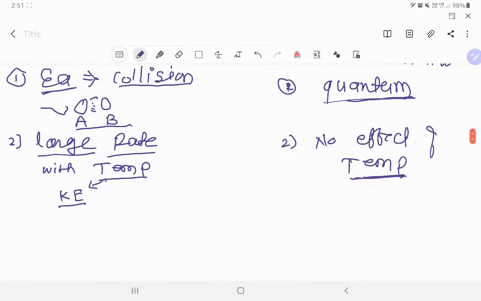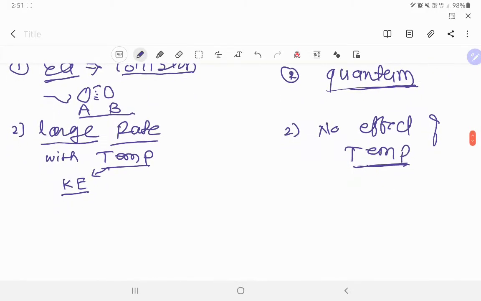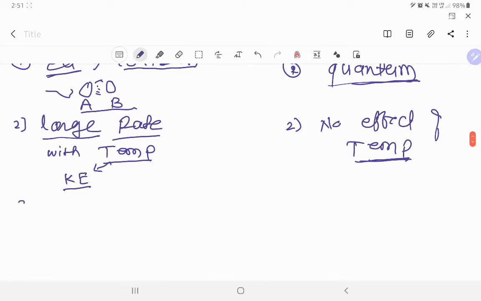Third distinguishing factor is that in case of dark reaction, the change in free energy is always negative.